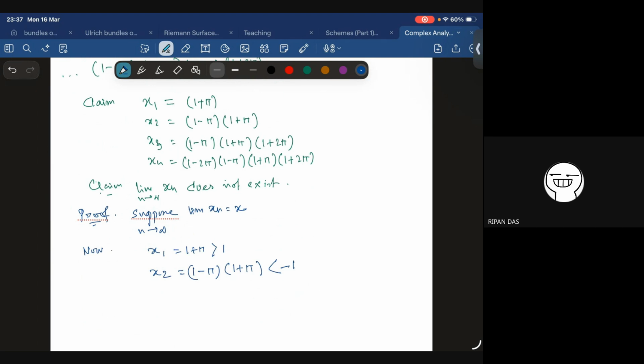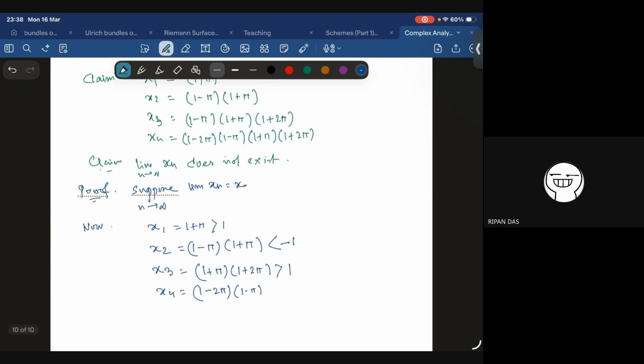Again, x3 is 1 plus pi times 1 plus 2 pi, which is greater than 1.